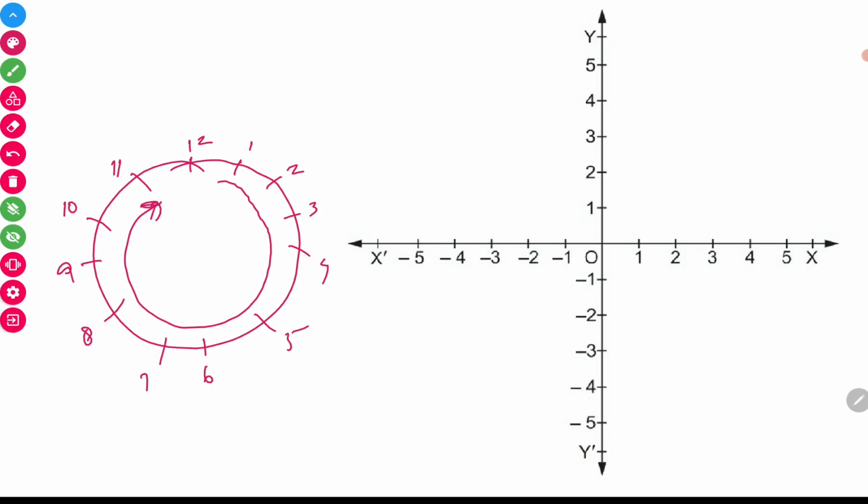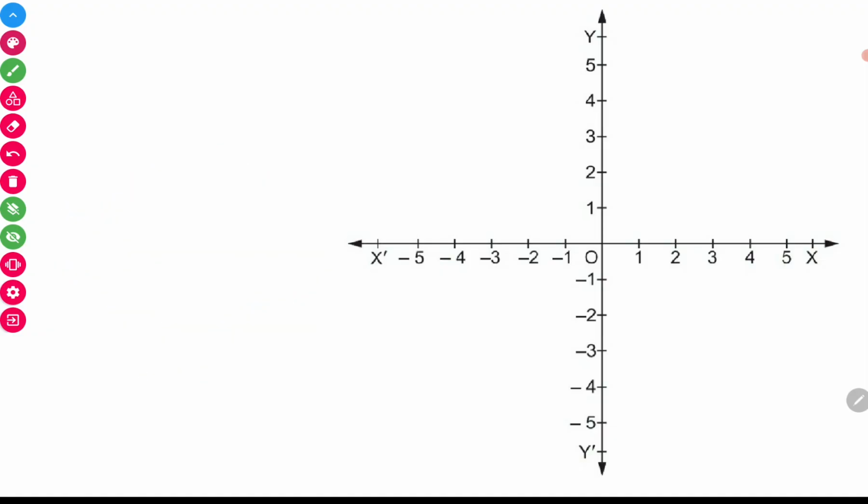So this is clockwise, and the direction opposite to that is anti-clockwise. We name the quadrants in anti-clockwise direction. This is the first, this is your second, this is your third, and this one is your fourth quadrant.